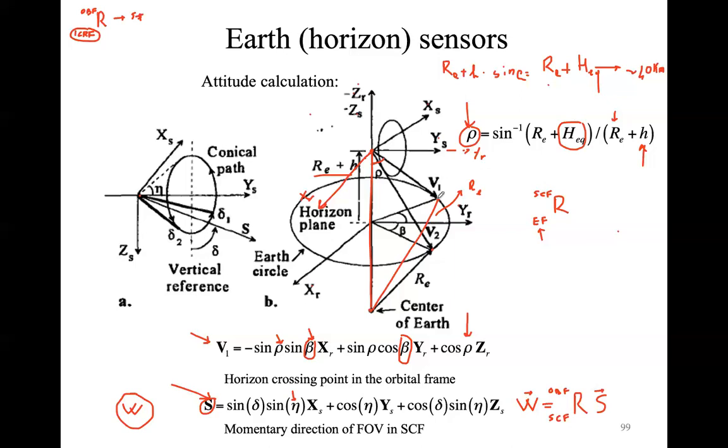So instead of reading the crossing point here, you're going to read here, because you have some errors in the detection of the irradiance of the Earth.